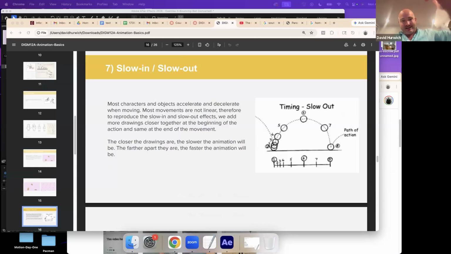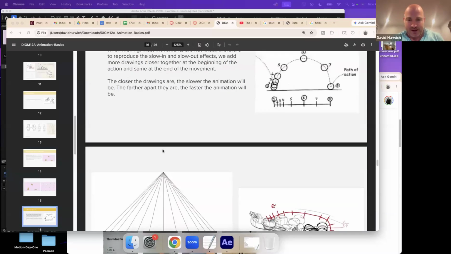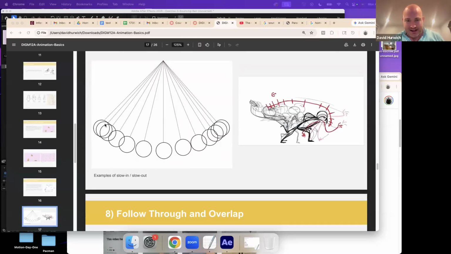Or if something is coming to a stop, if you throw something in the air, it gets slower and slower. So if this was falling, you have a bunch of drawings at the beginning because it's going slow, and as it's going faster, the drawings would be farther apart. And then as it's going up, it's slowing down.